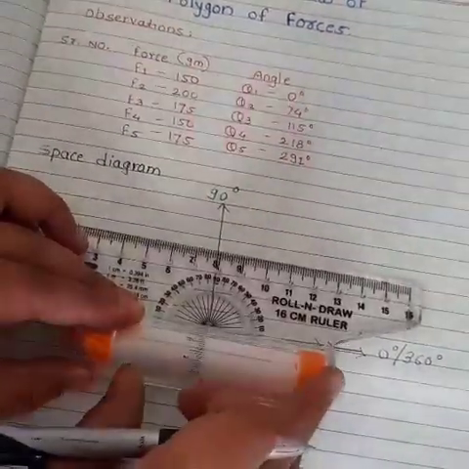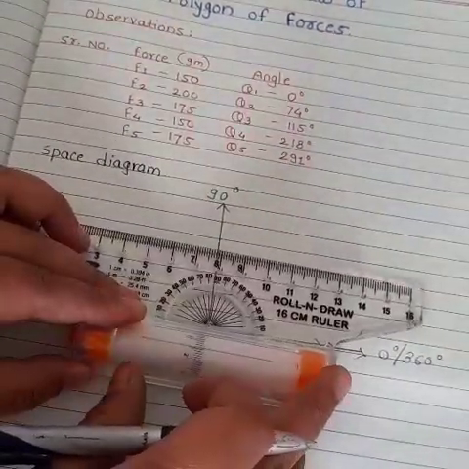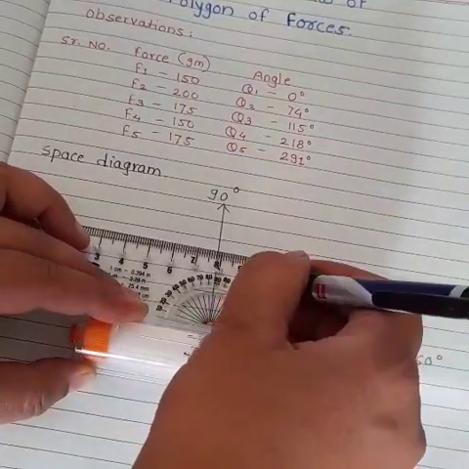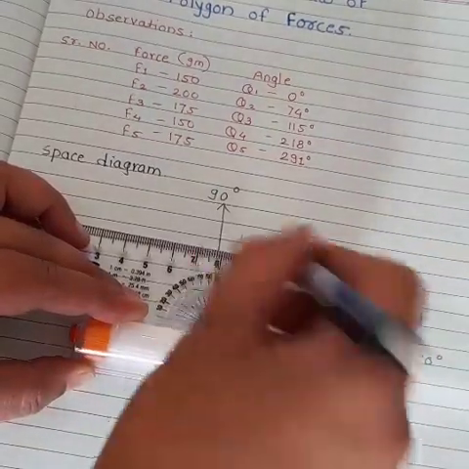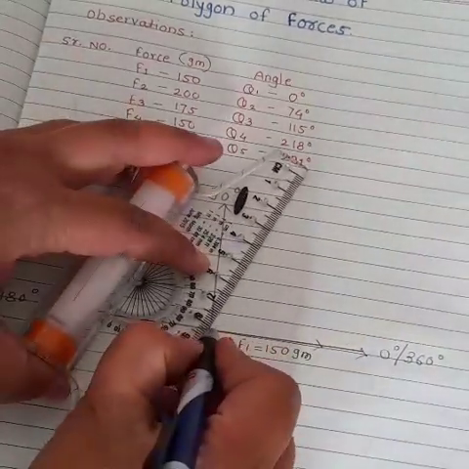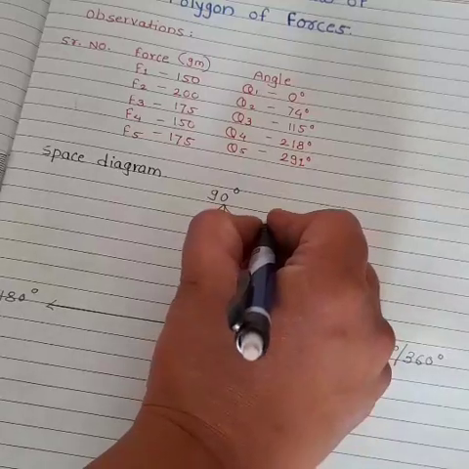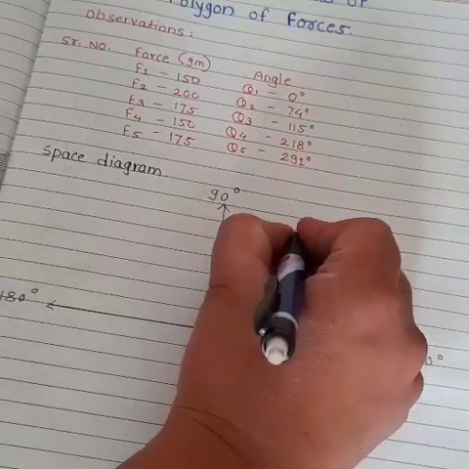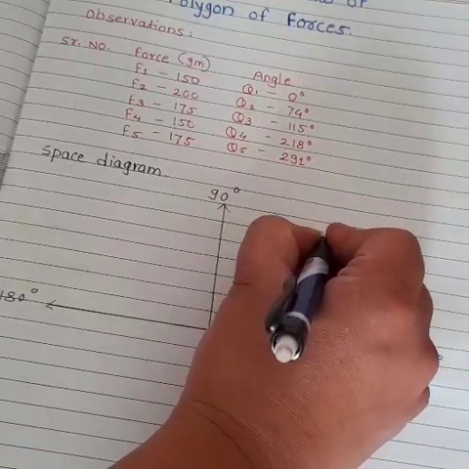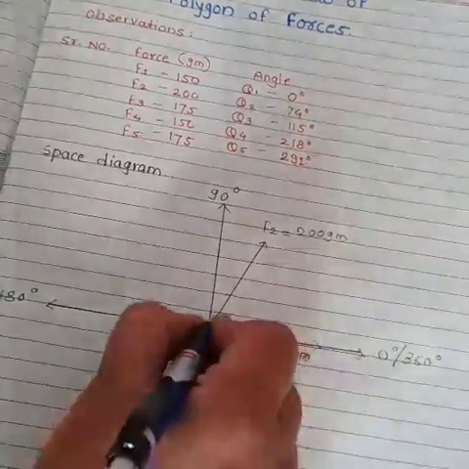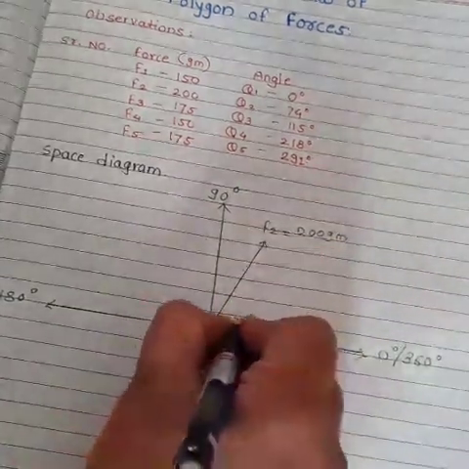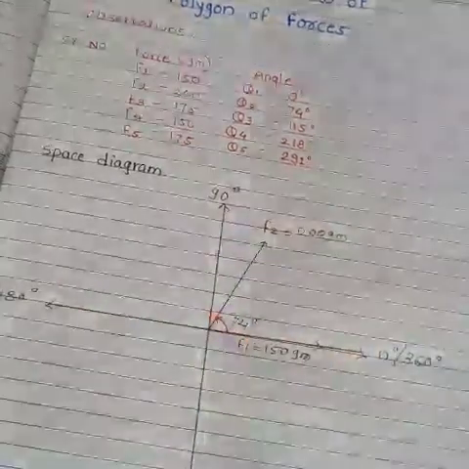By taking the measurements with the bisectors, draw the F2 force, 200 gram, having an angle with the x axis of 74 degree.